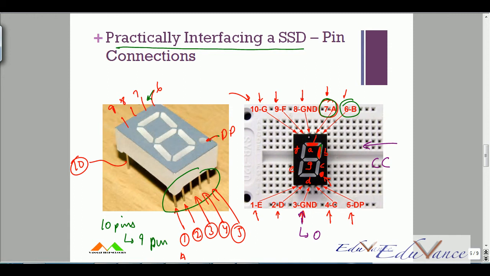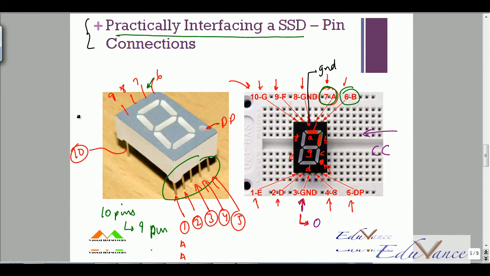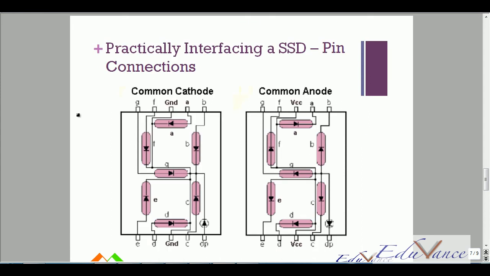For symmetry, we have two terminals, that is the pin number 8 and pin number 3, which have both been provided so that they can be connected to ground. So I hope that this aspect was clear of how a practical 7-segment display would be used.